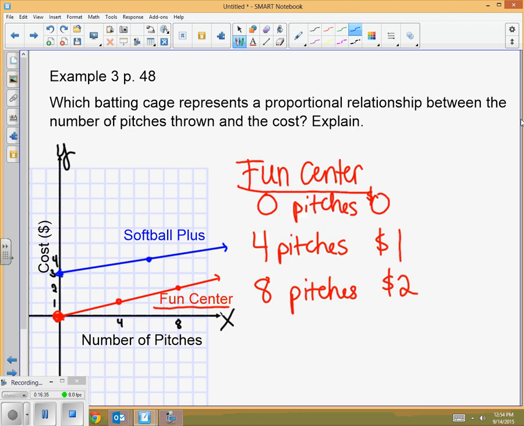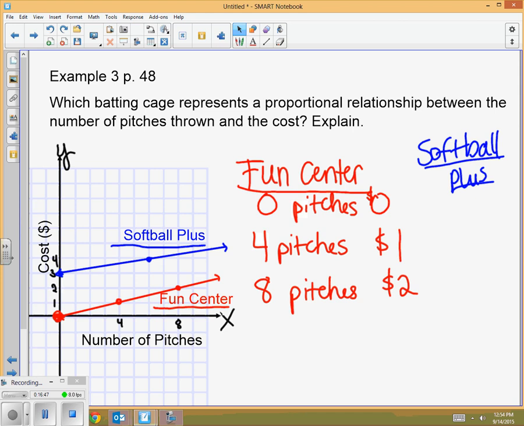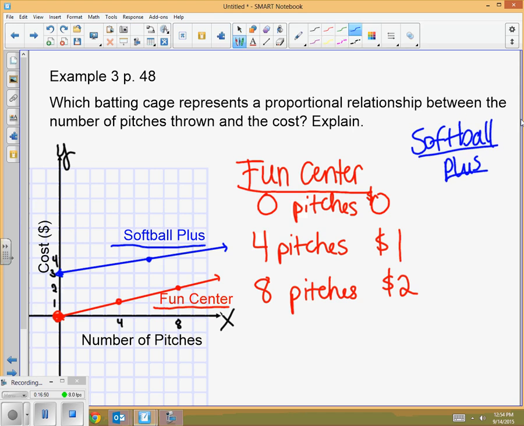Well, now let's compare it to Softball Plus. For Softball Plus, you see the blue line in our graph, and you will notice that it actually starts not at 0, 0, but it starts at 0, 3. So that means for 0 pitches, you have to pay $3 just to enter into Softball Plus.